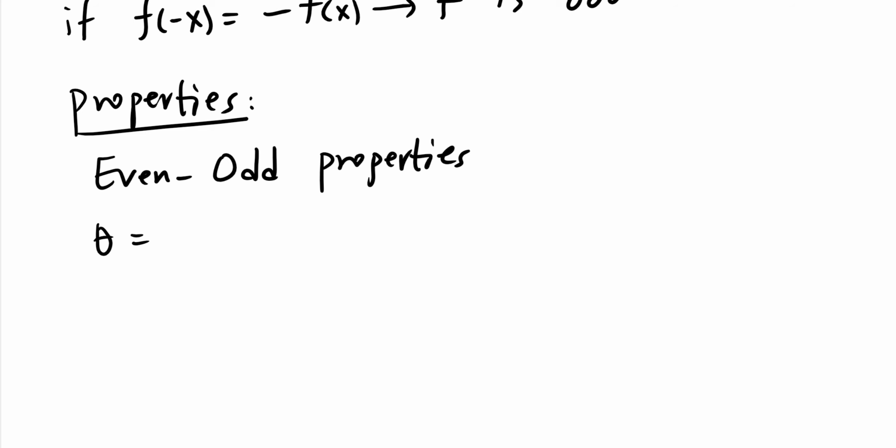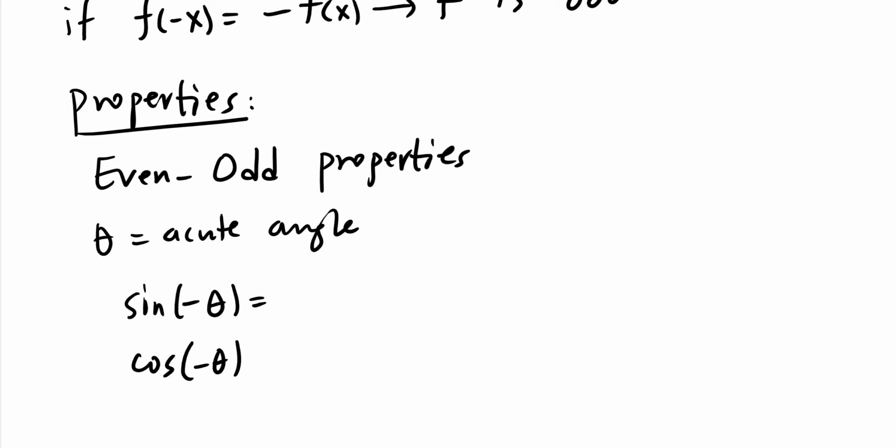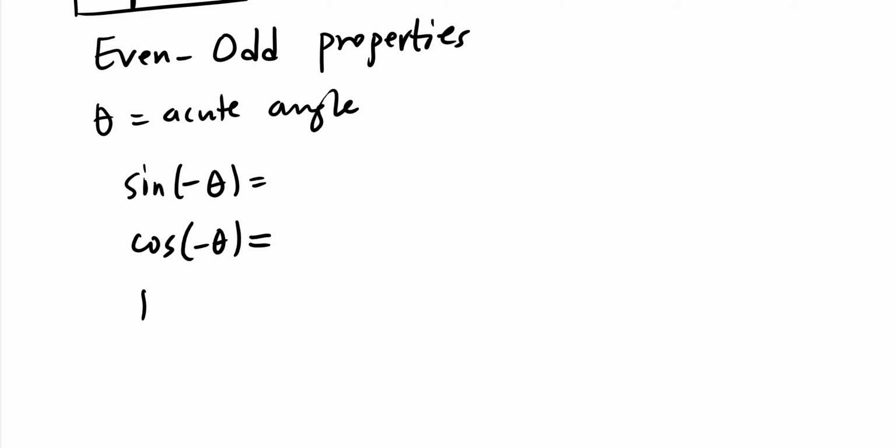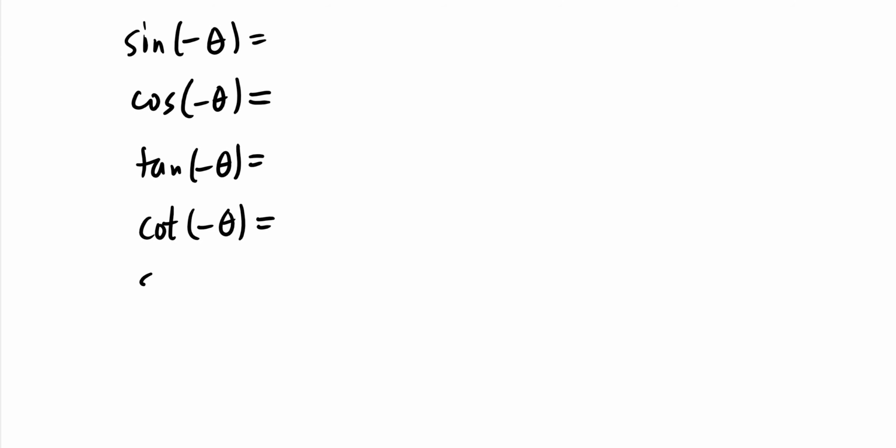If theta is an acute angle, we have sine negative theta. We're going to find what that is. Cosine negative theta, tan negative theta, cotan negative theta, secant negative theta, cosecant negative theta. So how are we going to find these out?